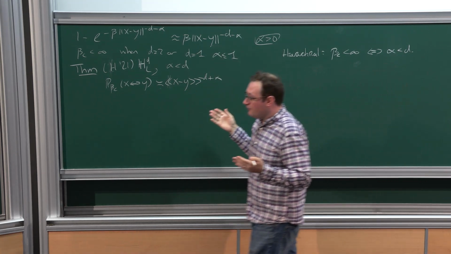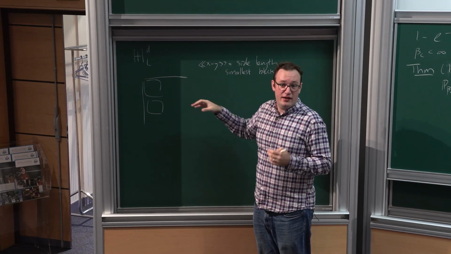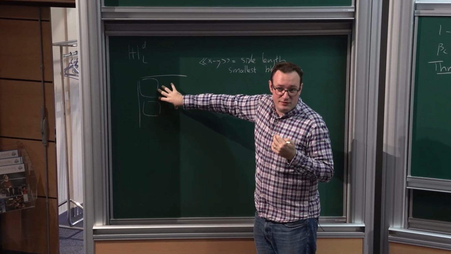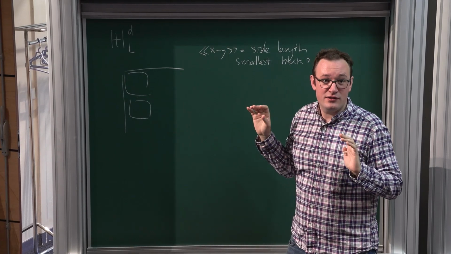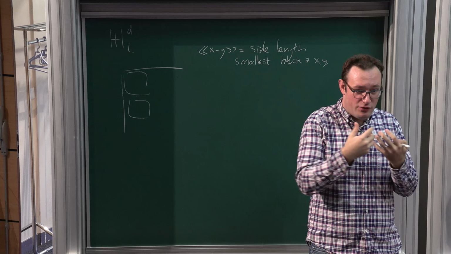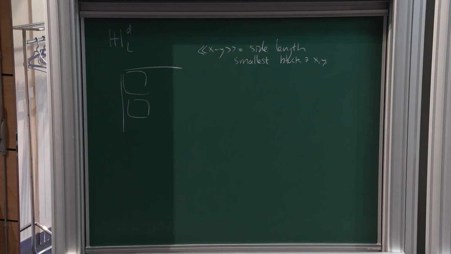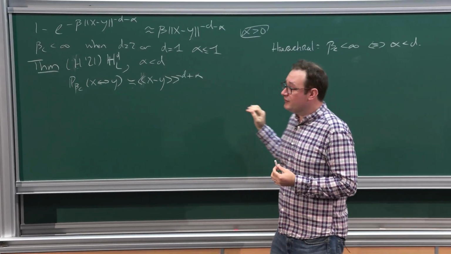You can think that the hierarchical lattice just doesn't have short-range effects in it. Again, because if you look at two boxes, every point in this box is far away from every point in the neighboring box when the boxes are large. There really are no boundary terms. So the Green's function for the random walk does not have this transition. You just always have this minus d plus alpha scaling, even when alpha is large.